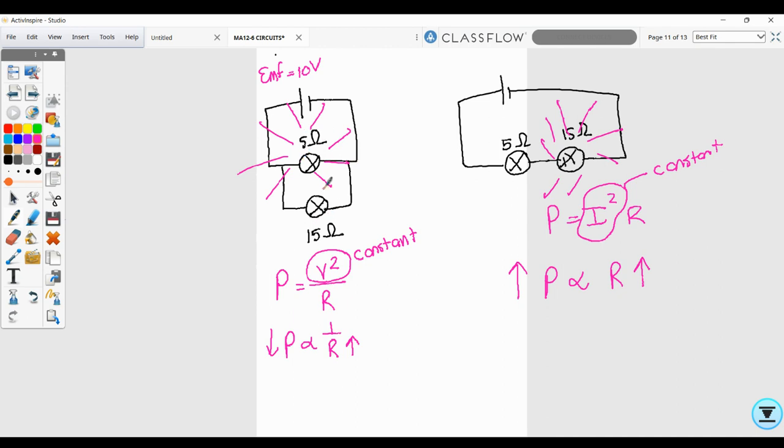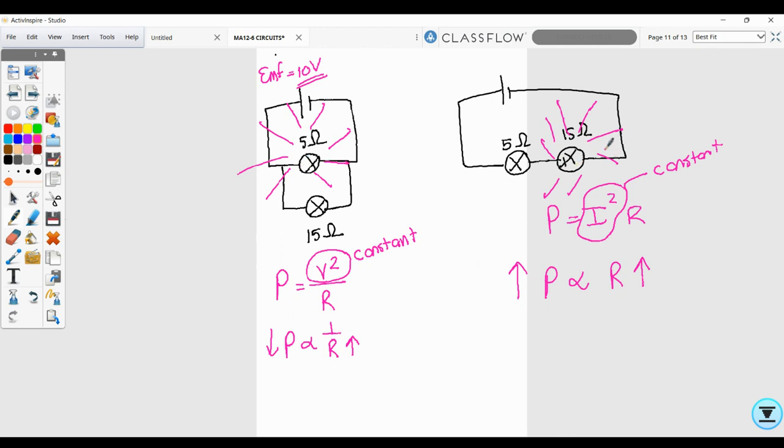So they get the same energy. But where is it easiest for the coulombs to go? A hurdle of 5 or a hurdle of 15? 5 is easier. So more of those coulombs with their 10 joules will go here. This one gets 3 times as many coulombs, so its power is higher because more goes there.